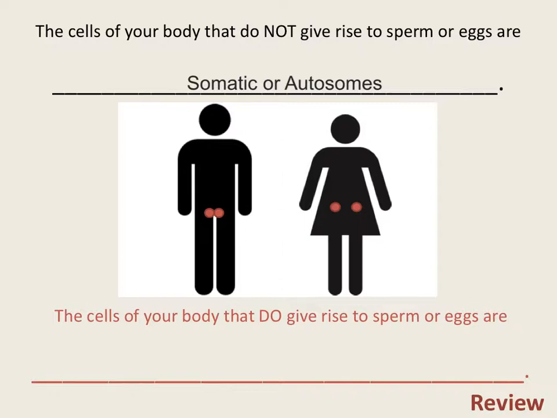The cells of your body that do give rise to sperm and eggs are called what? Starts with a G. So what produces gametes? What cell lines actually produce gametes?